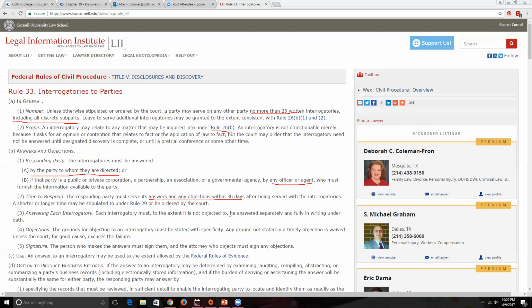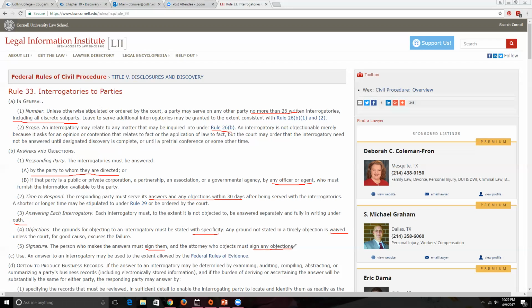And each question has to be answered, and it has to be answered under oath. Any objections have to be stated with specificity. If you don't make an objection, you're waiving it. You have to sign the answers, and the attorney has to sign any objections.